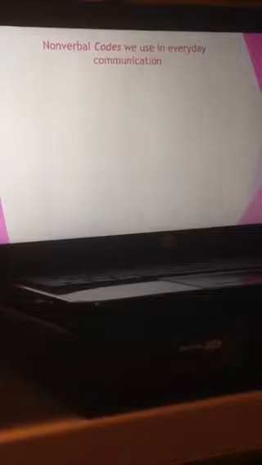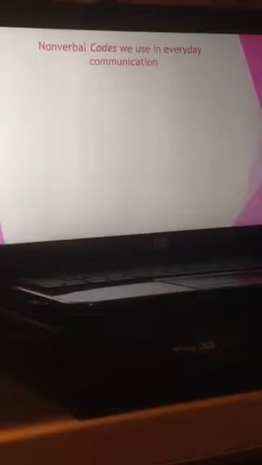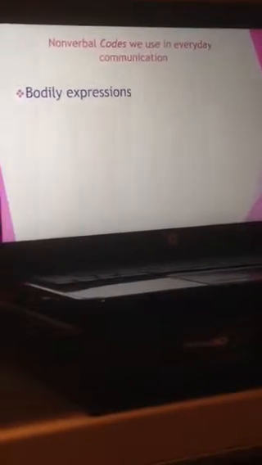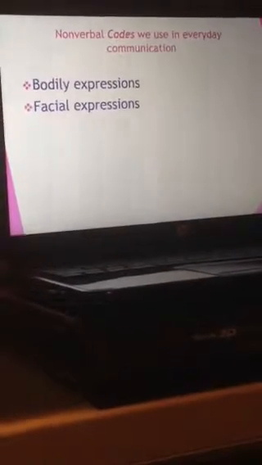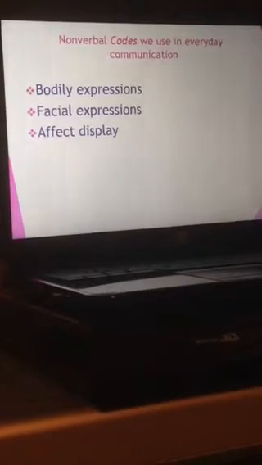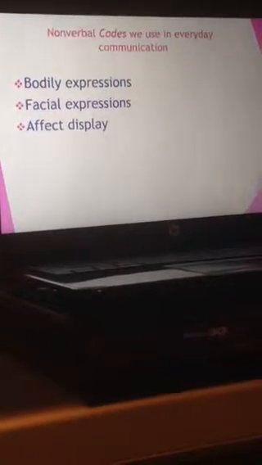Nonverbal codes we use in everyday communication. One of them is bodily expressions. Another is facial expressions. There is also affect display.